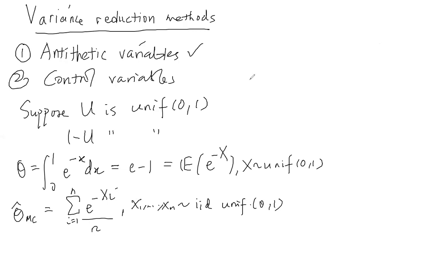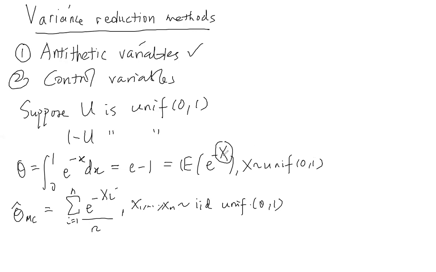Now, let's see, okay. So if you use antithetic variables, then you look at this part here. Now this X is uniform 0, 1, right?